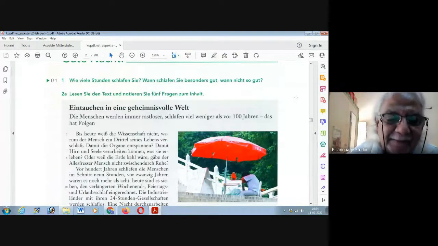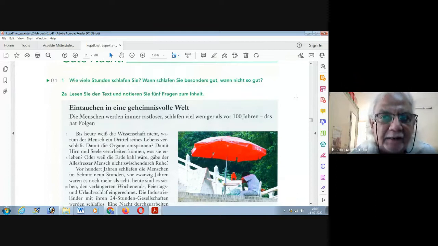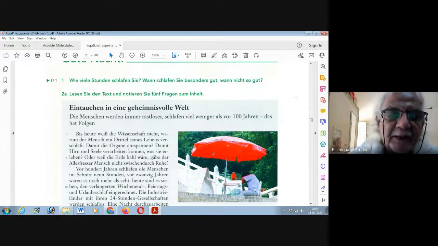S-I-E-S-T-A. Eine Siesta halten, sagt man. Eine Siesta machen oder eine Siesta halten. To take a nap, to have a siesta. Siesta ist ein kurzer Mittagsschlaf.